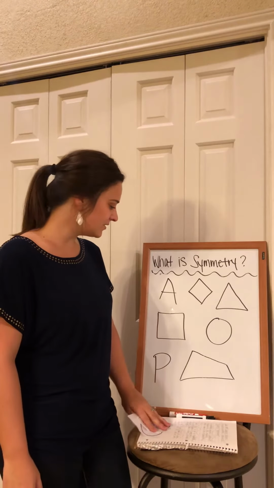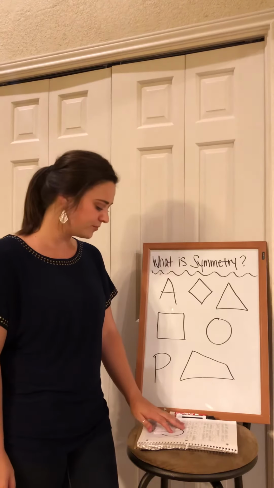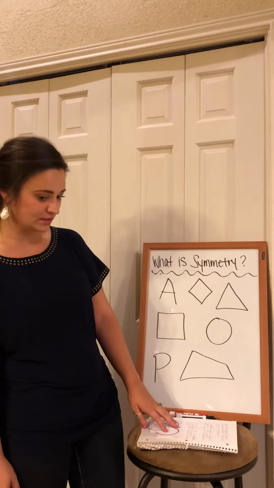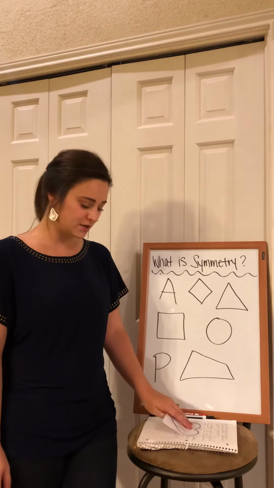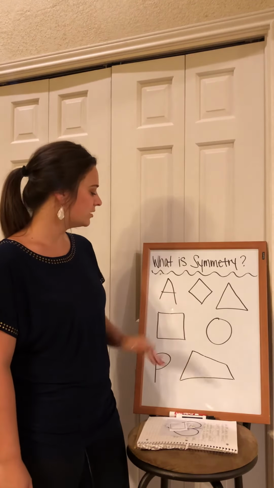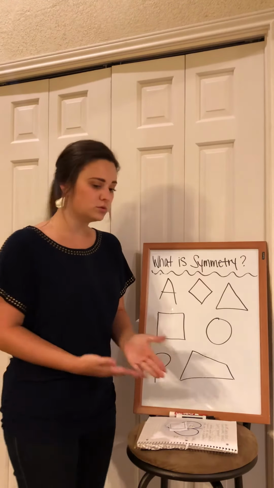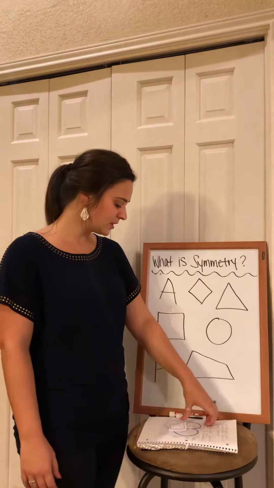Very good. A line of symmetry is a line where a shape can be split in half to make two mirror images. Okay, and the line of symmetry is the line that we place on the shape or letter or image or whatever it is.